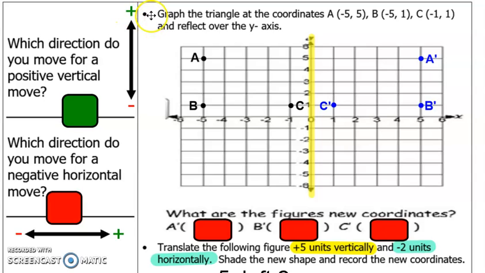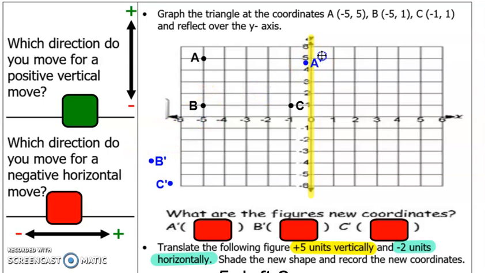In our next example, we're going to graph the triangle at the coordinates A, B, C and reflect over the y-axis. So I plotted points A, B, C just to save us a little time, and I'm going to highlight the y-axis so I remember where I'm reflecting across. I'm going to start with point A. I notice that point A is 1, 2, 3, 4, 5 units from the y-axis.